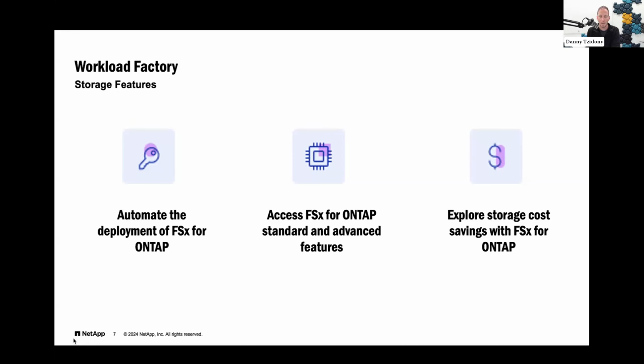That's another big advantage, that you can use the BlueXP UI for very simple operations that are currently not available through the AWS console. And of course, exploring storage costs, and in the future we'll have more exciting features. But since we are talking about saving money, the best part about BlueXP Workload Factory is that it's completely free.